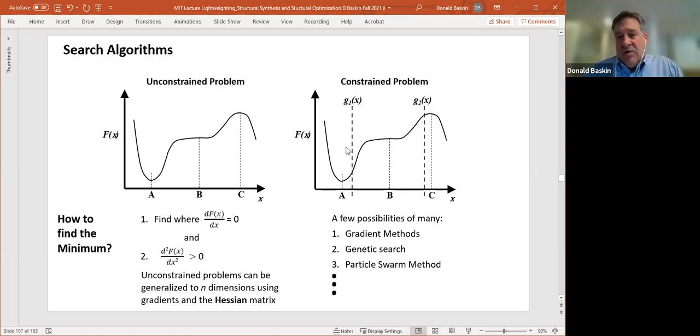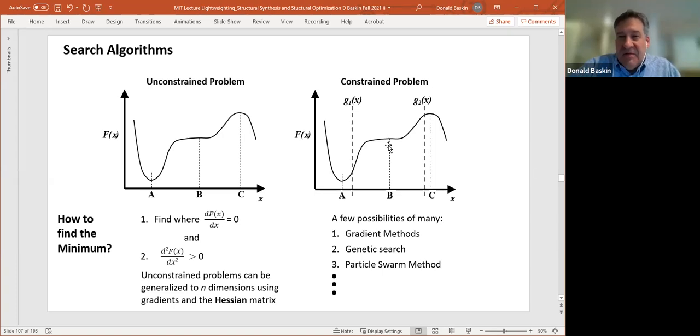So in order to find the maximum or minimum of a constrained problem, mathematicians have developed other methods like the gradient method, genetic search, and particle swarm method. These are ways of determining the minimum or maximum of a function subject to constraints. There are many more methods, and there are people whose research focuses on numerical optimization.